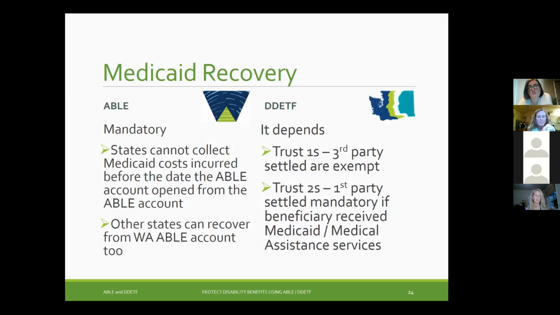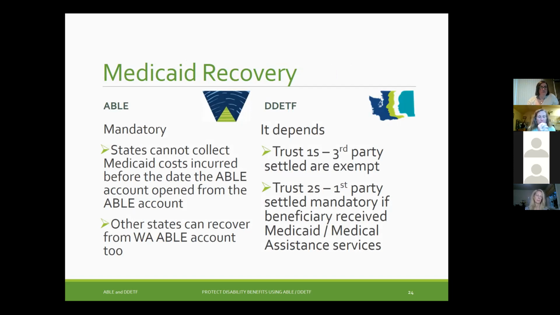Medicaid recovery and with ABLE, Chris? Okay, so with ABLE, it's a mandatory Medicaid recovery if the person paid into it from the time that they signed up for an ABLE account.